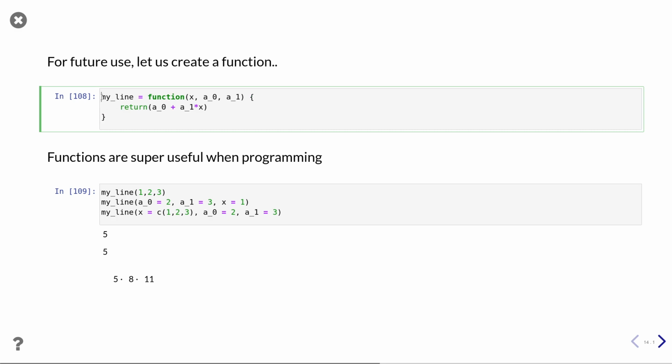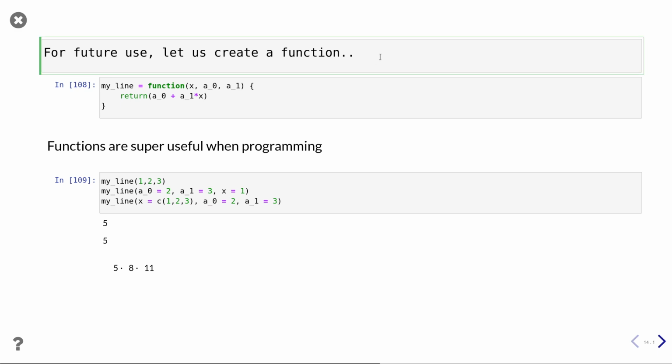It's quite simple. You give a function name, so that would be like f for f of x, and you use the keyword function and say what it depends on. So here I'm making a function of x, a0 and a1.